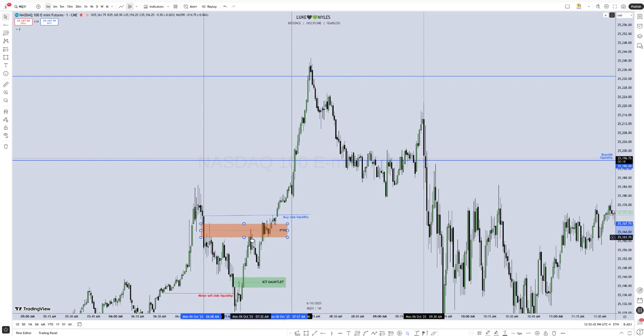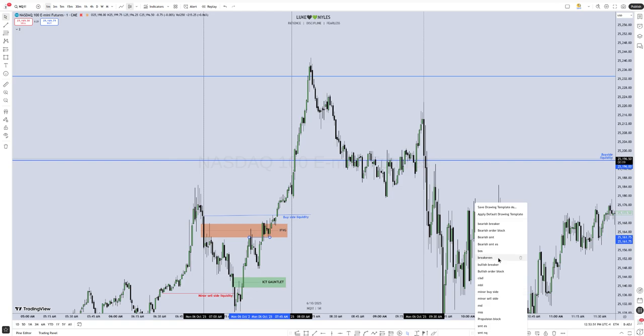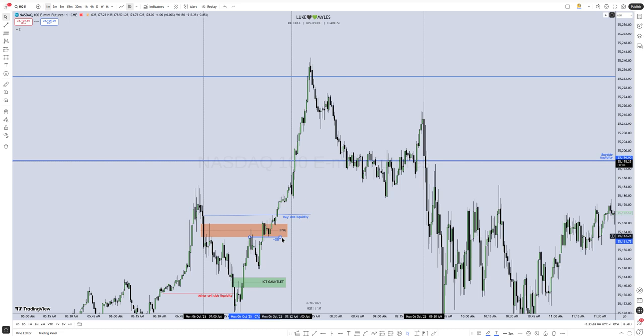We drop lower, coming back into this order block. See? This is a bullish order block right there. The bullish order block will drop lower after closing into this.